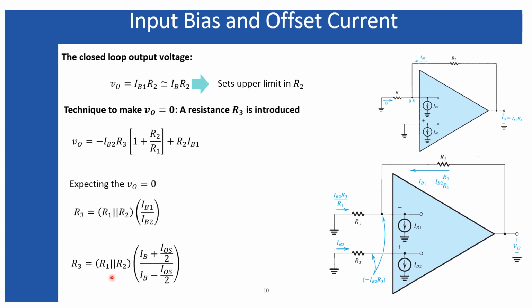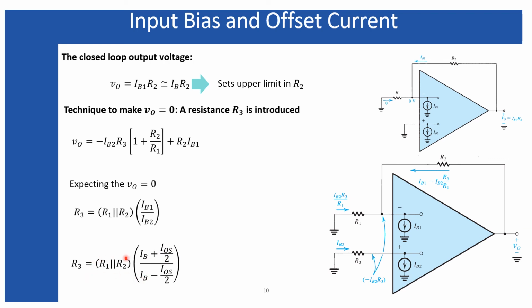In other words, if you replace R3 by the parallel combination of R1 and R2, then from the left hand side and right hand side, the two terms R1 parallel R2 get cancelled out, and this equation results in IOS equals 0, because IB also gets cancelled out.